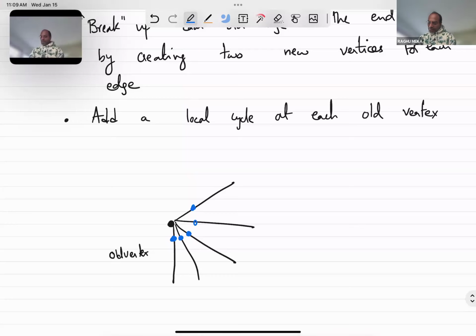And then I create a cycle among these things. You can keep the old vertex or not. Let's say we don't keep the old vertex. It doesn't matter. So for all of these things, you create a cycle like this. And you connect the cycles with these edges.